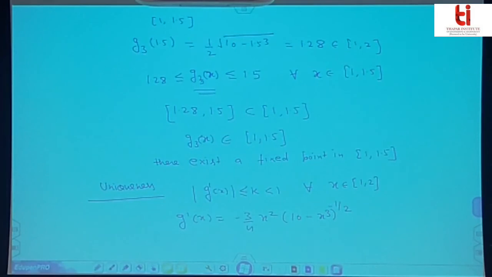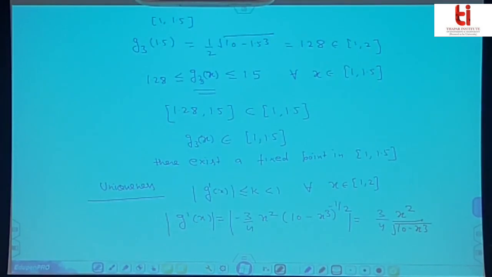If we take the mod value, the value is 3 by 4, x square upon (10 minus x cube) to the power 1 by 2.